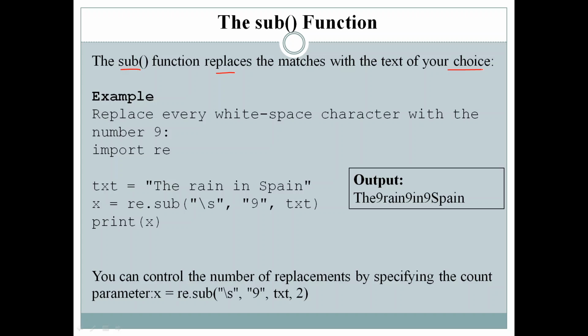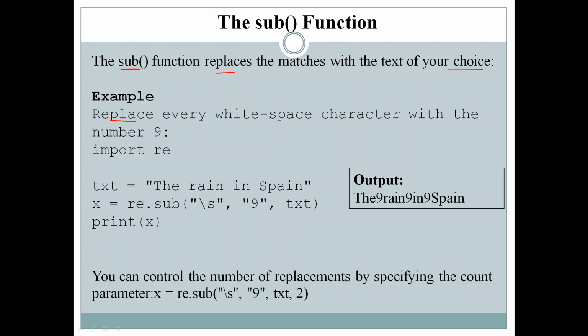It will search for a pattern and that pattern is replaced with a new pattern. In a similar way the sub function works. Sub means substitute. Again, it will search for a particular pattern, and if that pattern exists, it is replaced with new text.